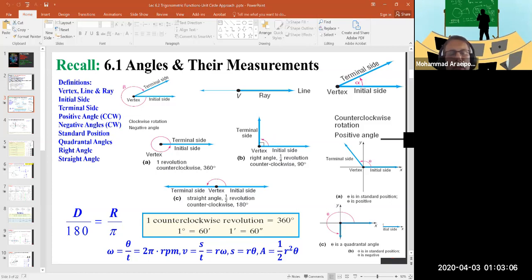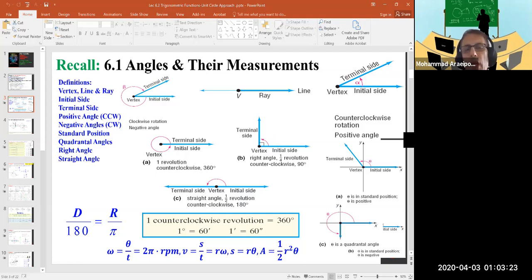We know velocity is defined as total distance over total time. So along a curve, V becomes S over T, where S is considered the length of the arc.